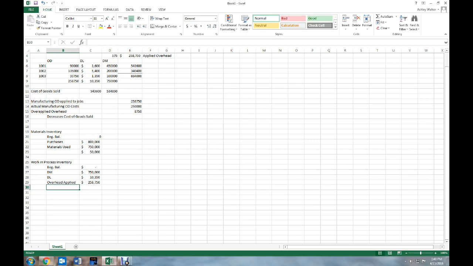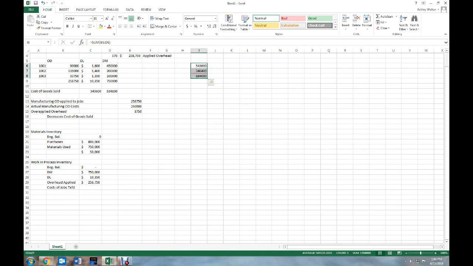So now we transferred some of those jobs out of work in process. Remember, 1001 and 1002 got transferred. And so we calculated those costs right here. Remember, these totals added together. So let's move this out here so that's a little clearer.